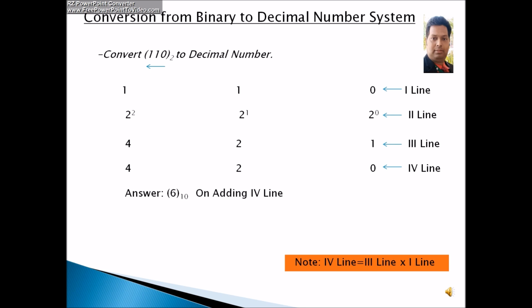So in the binary number also the unit starts from the rightmost side. So here see in the first line the rightmost digit is 0, then the middle digit is 1 and the leftmost is 1.